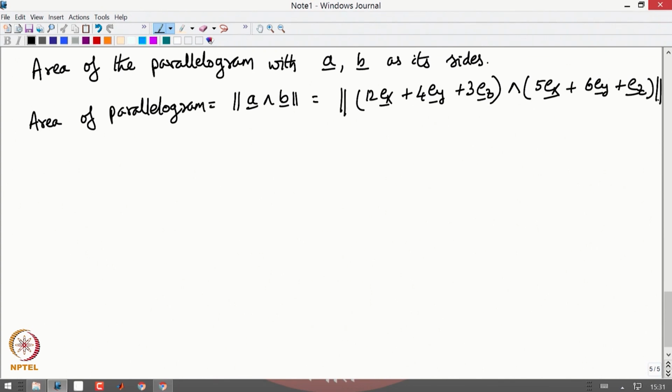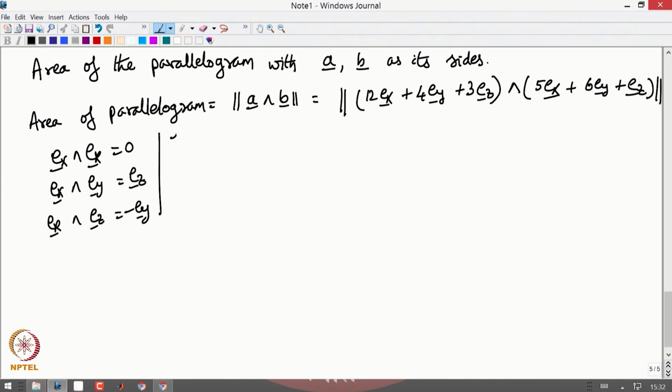I can use the permutation symbol and recognize that E x cross E x is 0, E x cross E y is E z, E x cross E z is minus E y.